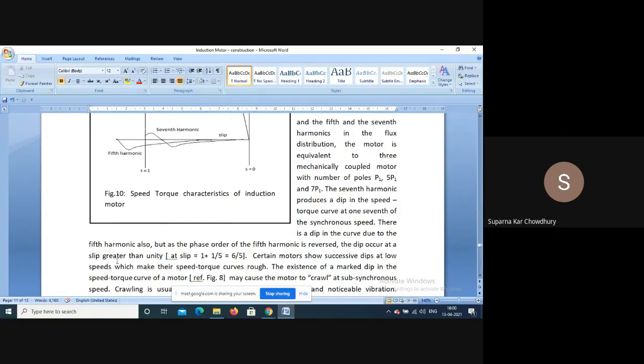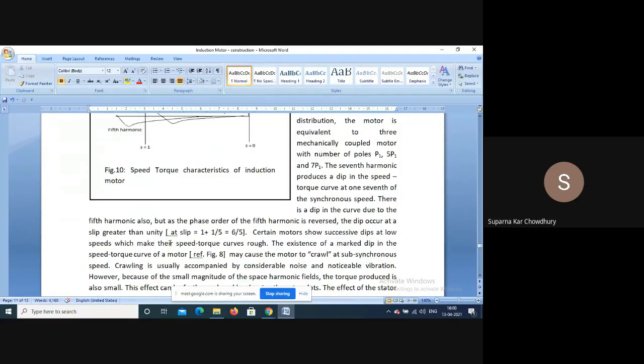The dip occurs at a slip greater than unity. Here the maximum dip is here, which is greater than unity. That is not in the motor portion of operation. So certain motors show successive dips at low speed, which make their speed-torque curve rough.